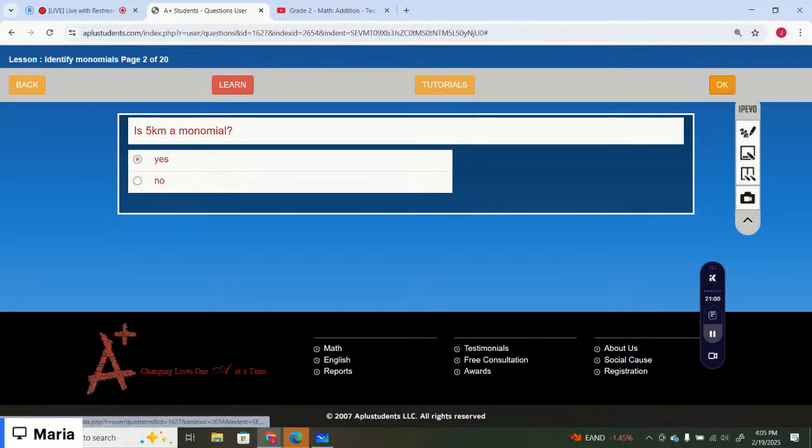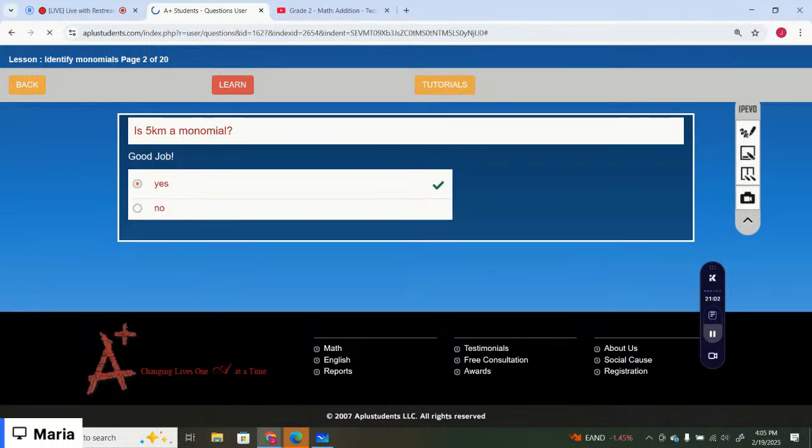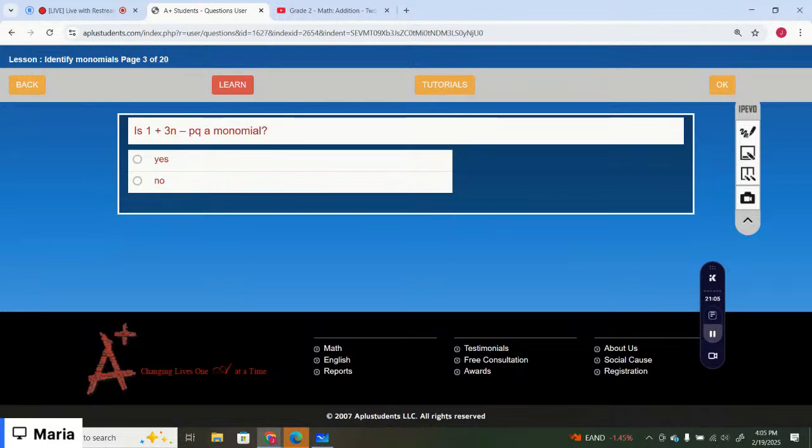Yes, it is a monomial. Is 1 plus 3n minus pq a monomial? The correct option is no.